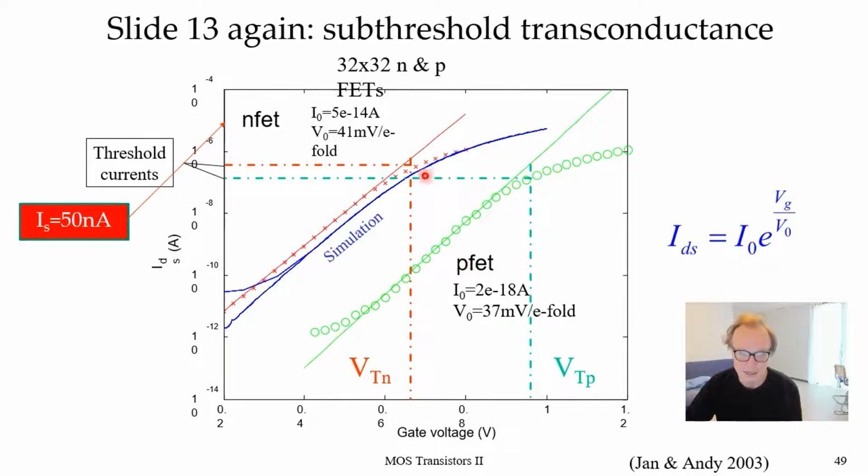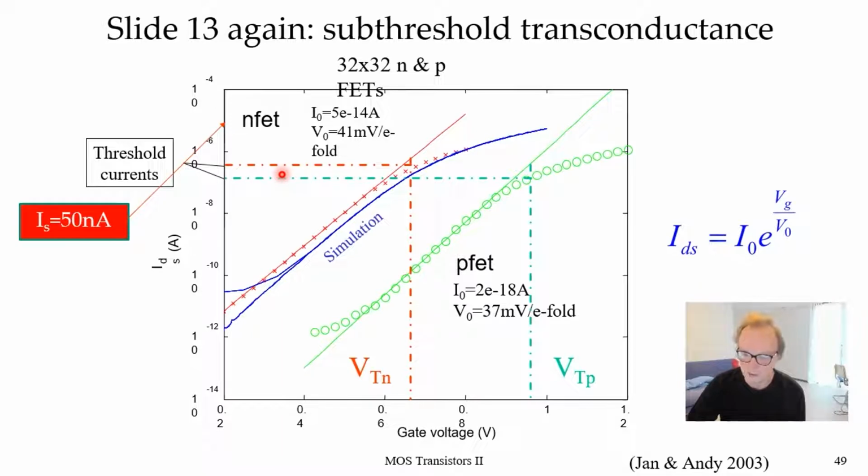We can see here that the level of current in the NFET where it goes above threshold is about a fraction of a microamp, right? But if we actually calculate the specific current in this process, it's about 50 nanoamps. And so it's close to what we actually measured.